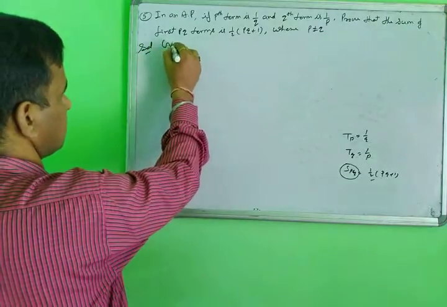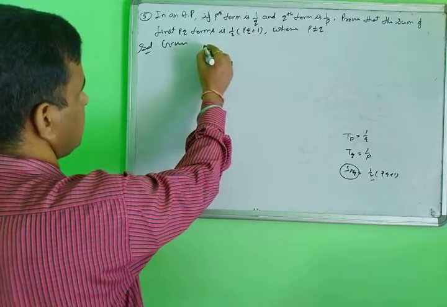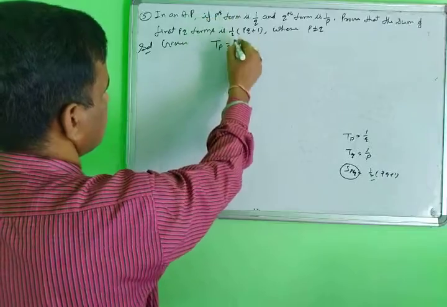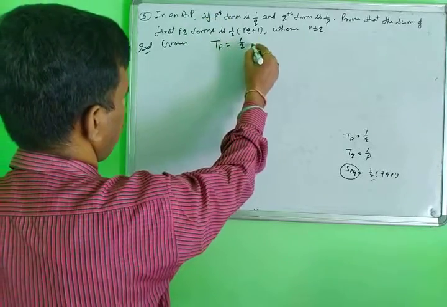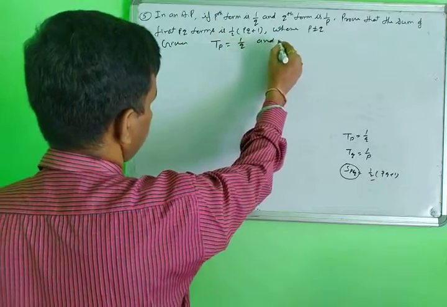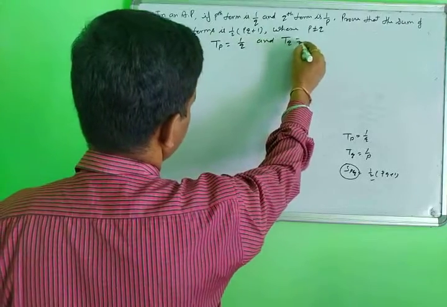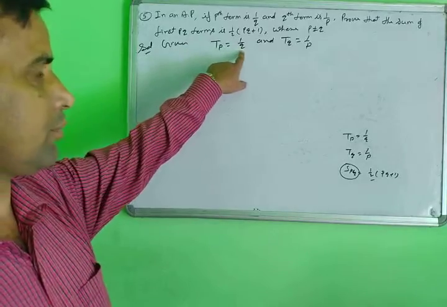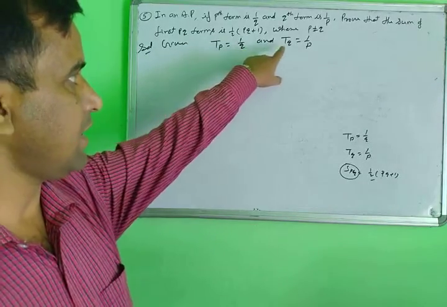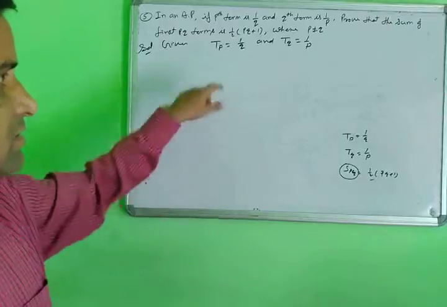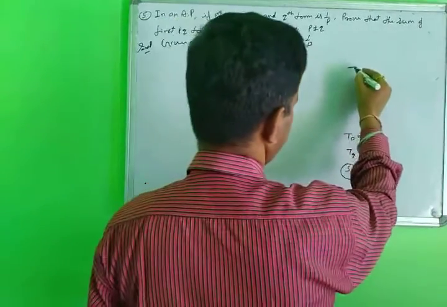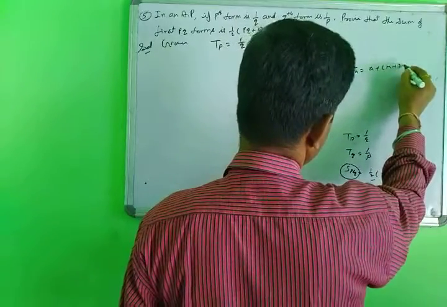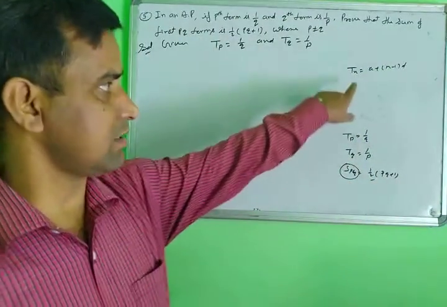Given that Tp, the pth term, is equal to 1 upon q and Tq equal to 1 upon p. Using this identity, Tn equals a plus n minus 1 d.